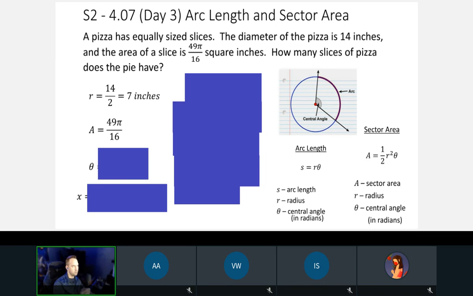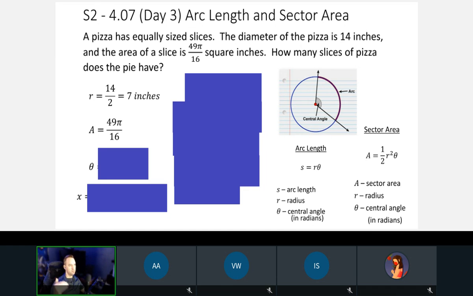The angle is determined by how many slices you have. So if you don't cut the pizza, what is the angle in radians? If you don't cut a pizza, what's the radians? 2 pi. Agreed. All right.